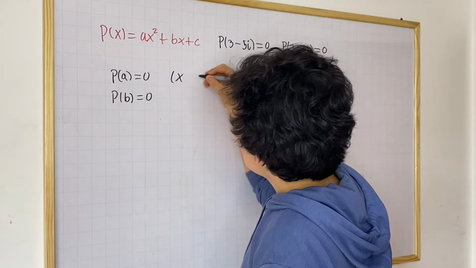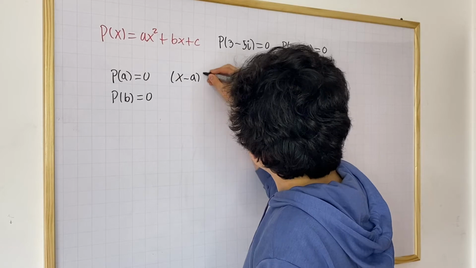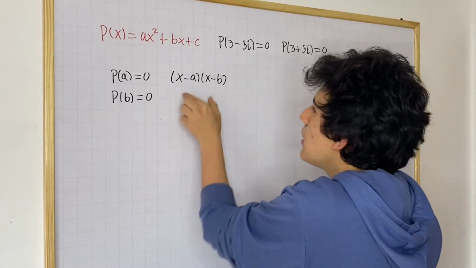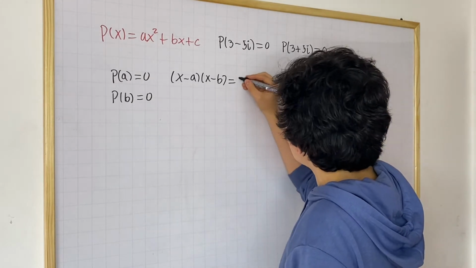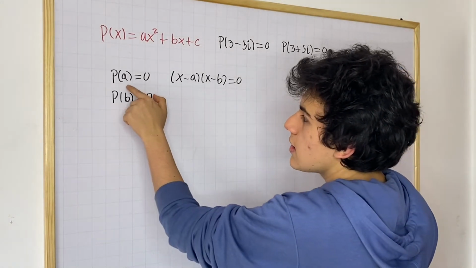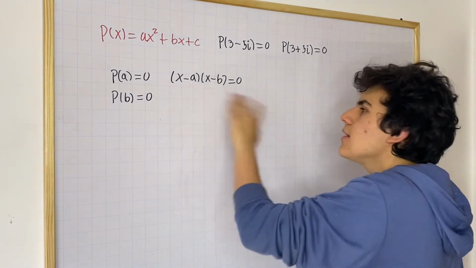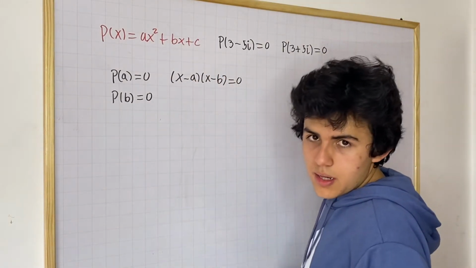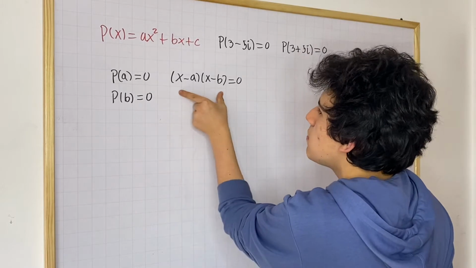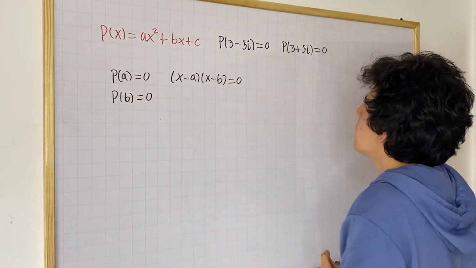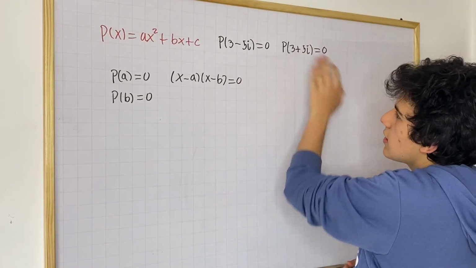So you would have x minus a and x minus b. Now we know this must be equal to 0 because if we plug in as an input a, we're going to get a minus a, that's just simply going to be 0, and the entire product is going to be 0, okay? So this must be true if we know there are two roots for a polynomial that are a and b. Now, this is exactly the case that we have up here, okay?